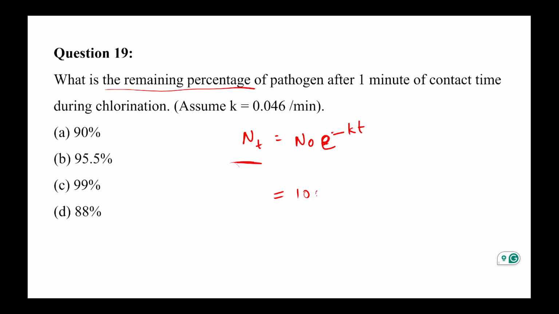So let's consider N0 as 100 because we have to calculate it in percentage. E raised to the power of minus 0.046 into 1. Time is 1. So now you can easily calculate this. What is the answer to e raised to the power of minus 0.046?